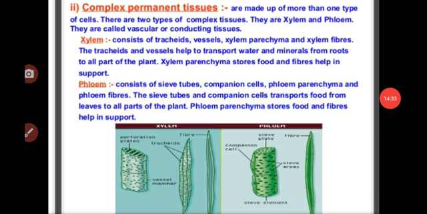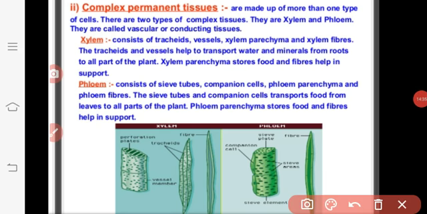Now next is phloem. Phloem means inner bark. You can see the structure of phloem. Phloem is a complex permanent plant tissue which takes part in the conduction of organic food inside the plant.